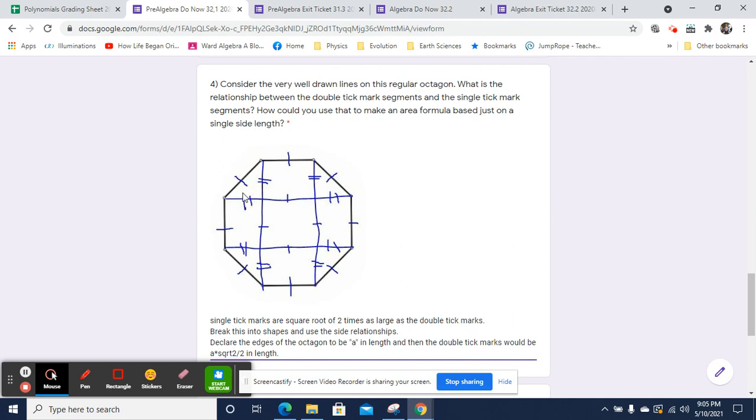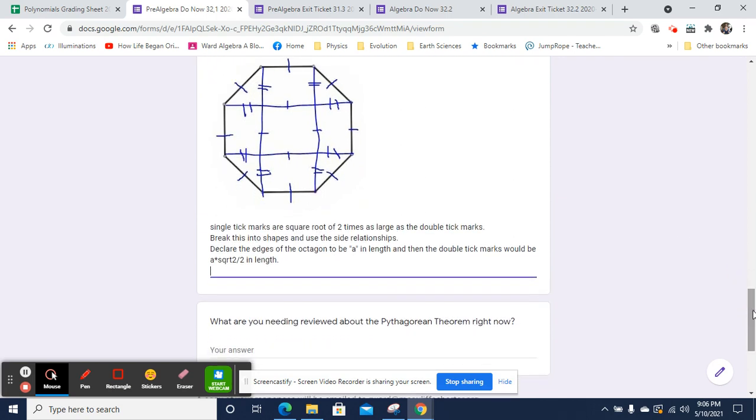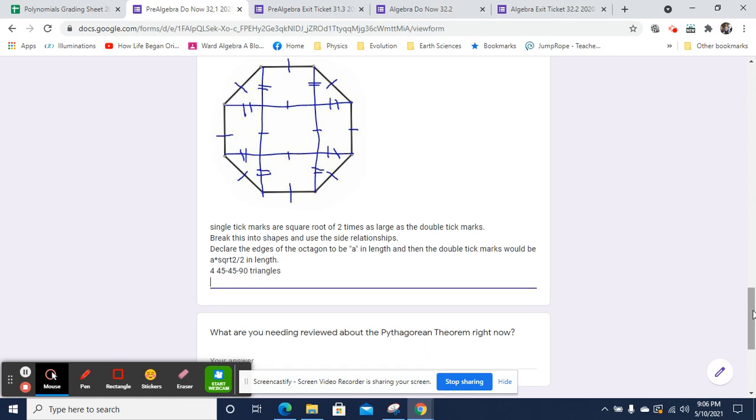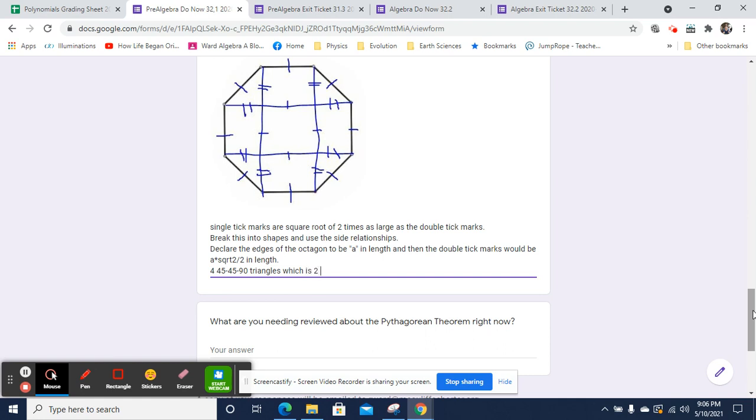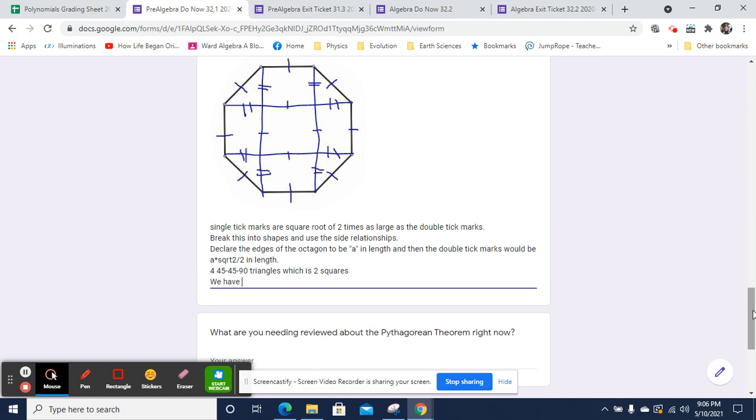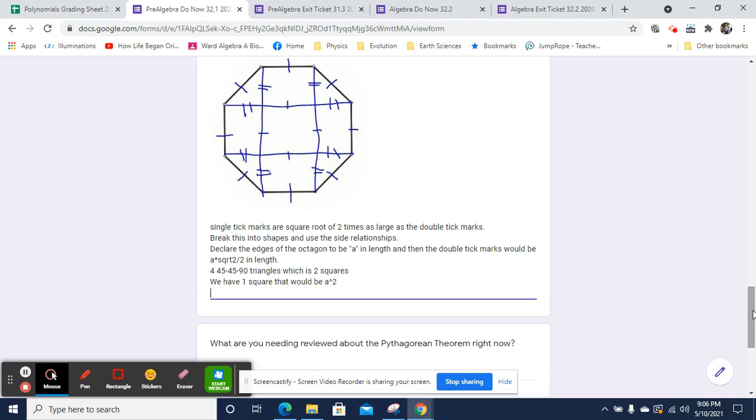Of course, each pair of them makes a square. So we can start sorting things out. We have 4 45, 45, 90 triangles, which is 2 squares. Okay, we have 1 square that would be a squared in size.